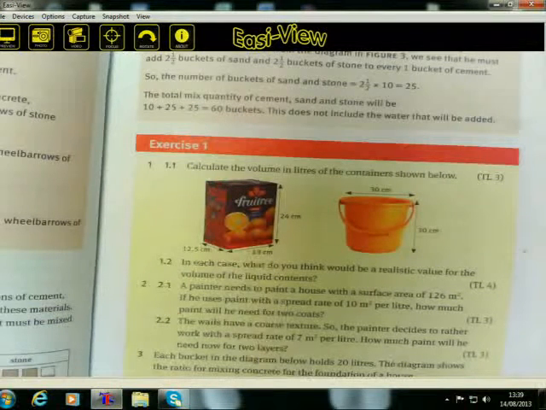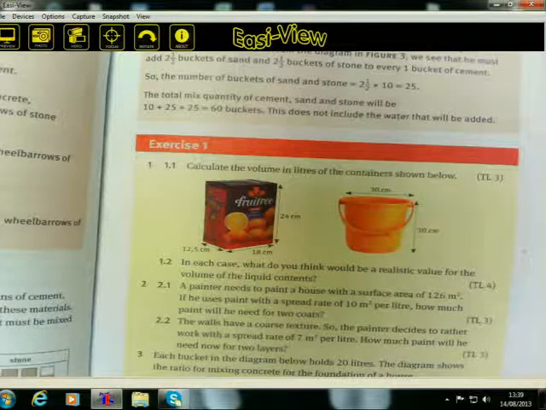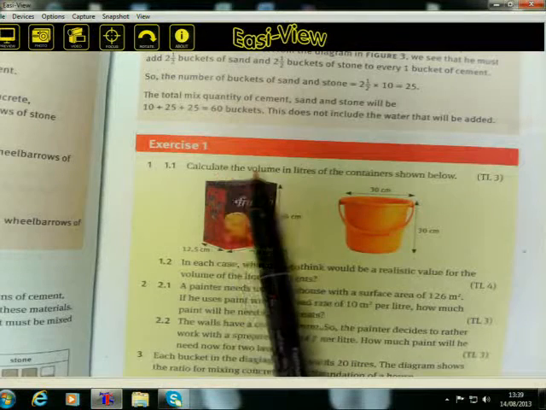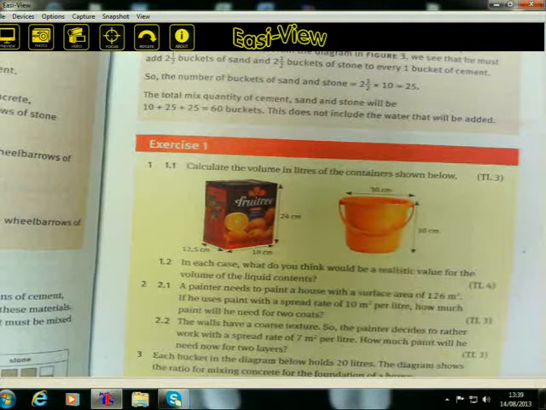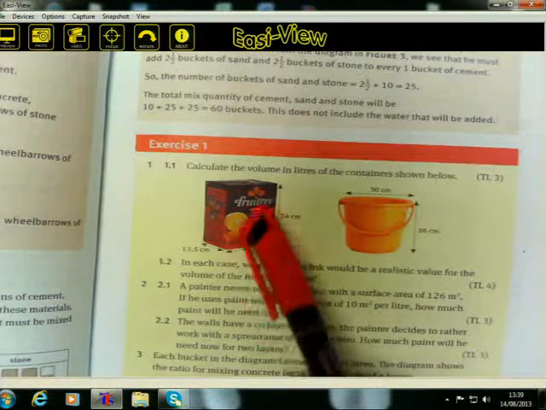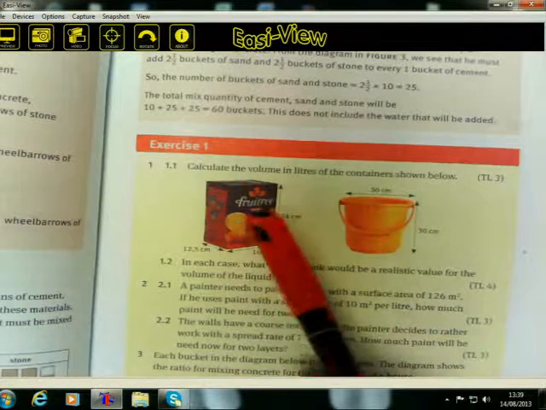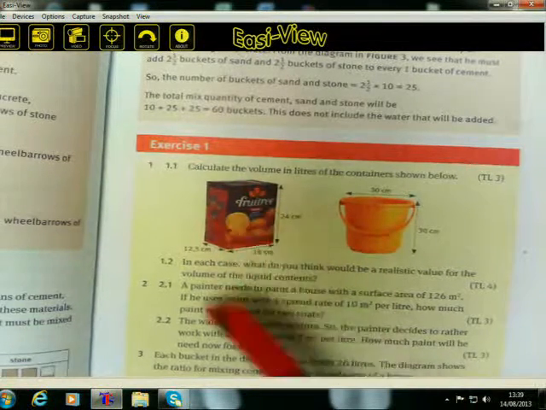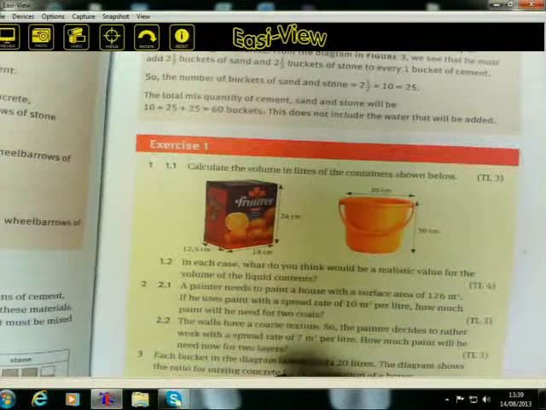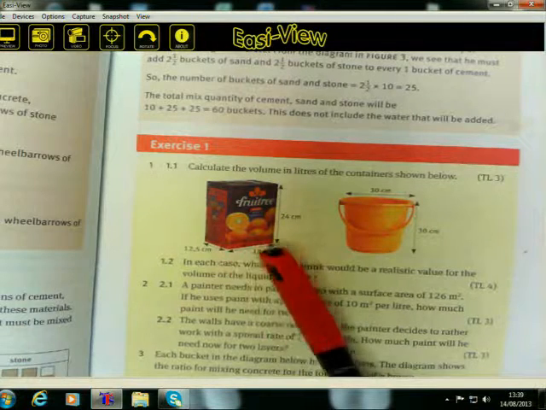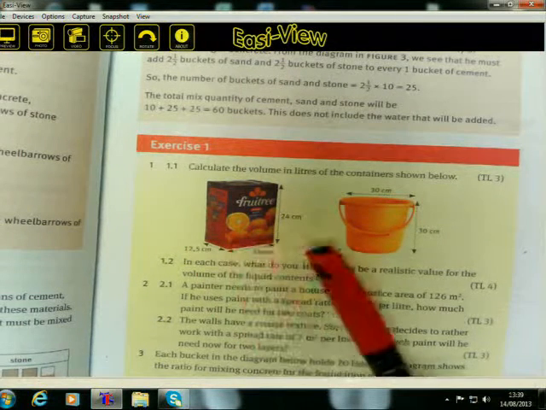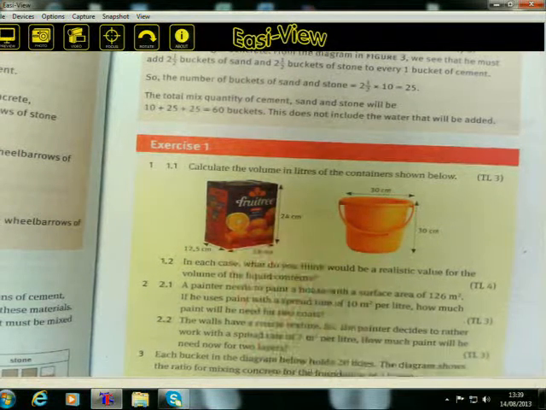1.1 says, I hope you can read there. It says, calculate the volume in liters of the containers shown below. If you look at these containers, let's look at the first container. This first container, we call it a rectangular prism. If you look at this container, you have your length, you have your breadth, and you have your height.